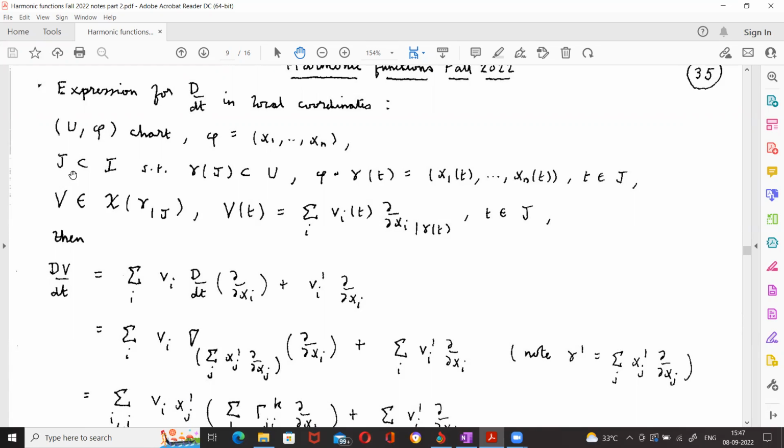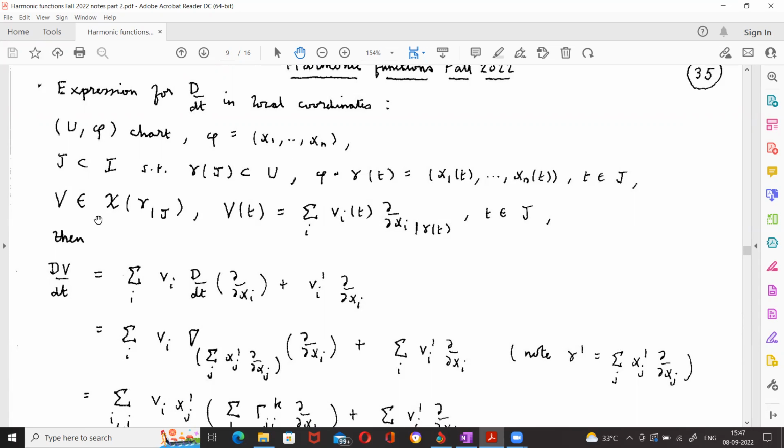You let J be an interval in I such that gamma of J is contained in the chart U. So then I can compose my chart phi with gamma. This gives me a curve in R^n, and I let the coordinates of that curve in R^n be x1(t) up to xn(t), t in J.